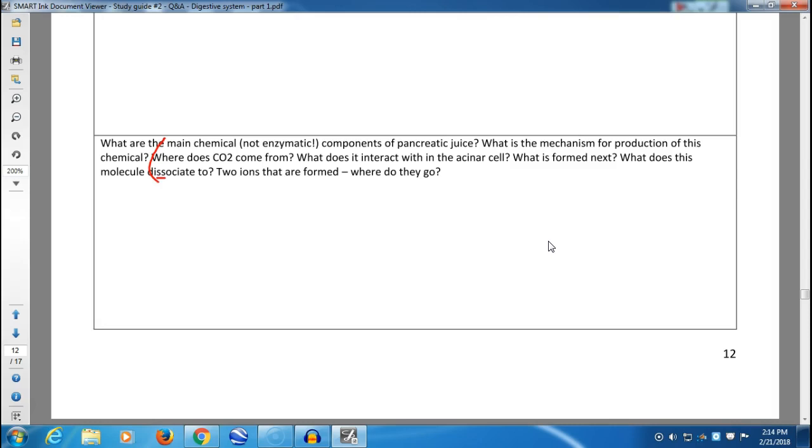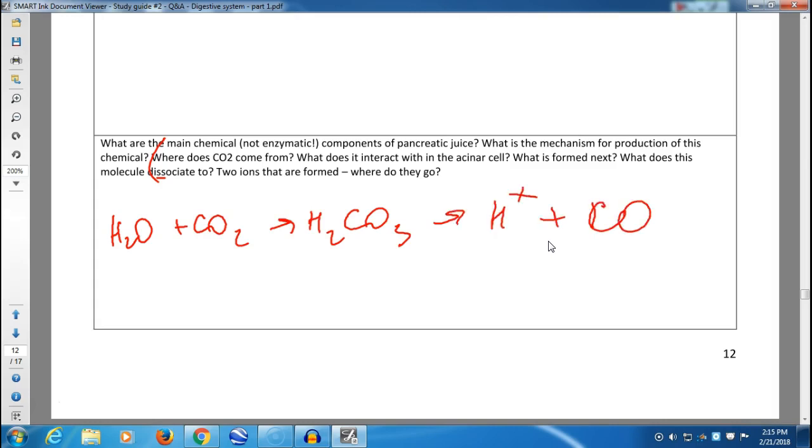Remember we talked about bicarbonate synthesis. Bicarbonate gets into the ducts in the pancreatic juice and goes into the lumen of the intestine. And where do protons, hydrogen ions, go? Blood.